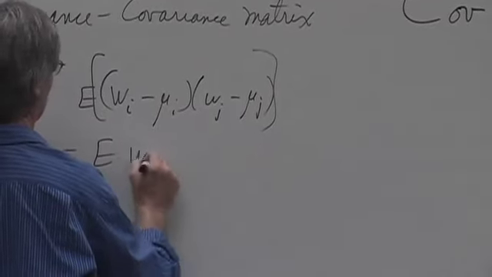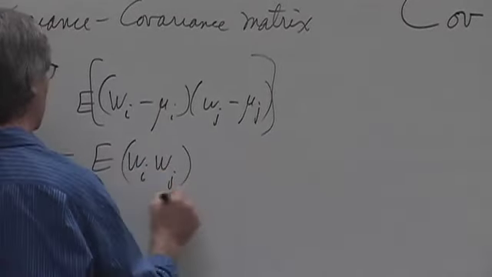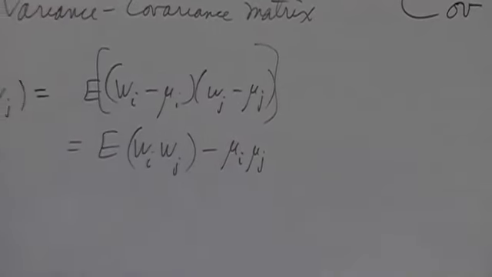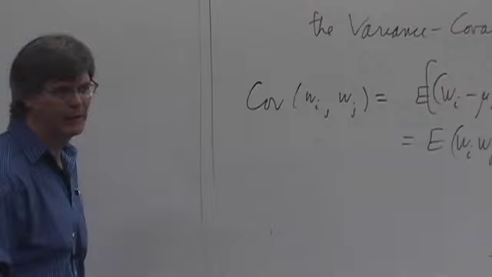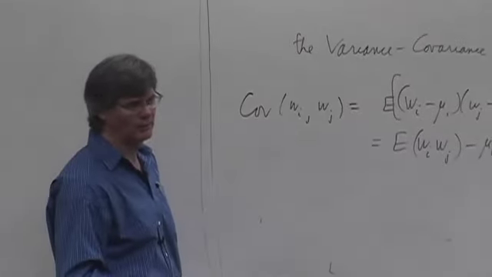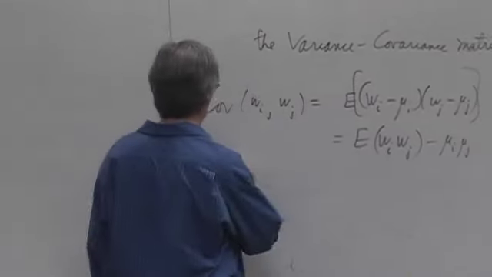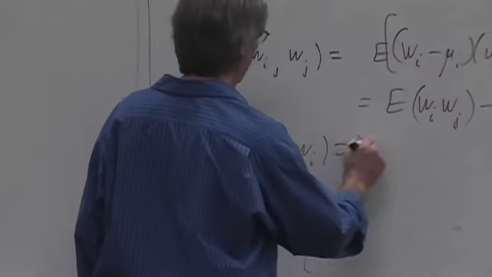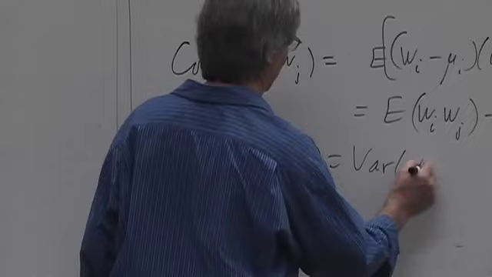And there's a shortcut formula: the expectation of the product minus the product of expectations. Which simply is a variance if I put i equal to j. The covariance between Wi and Wi is the variance of Wi. That's usually how we write it.